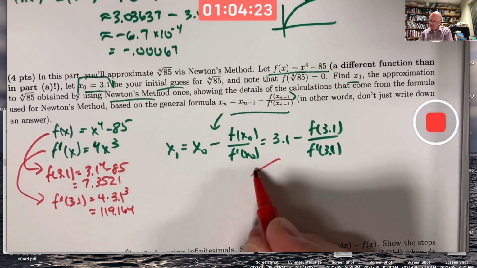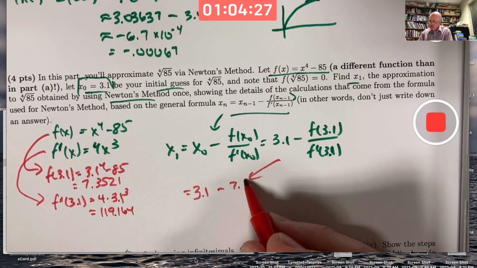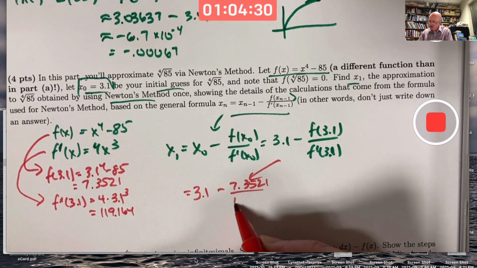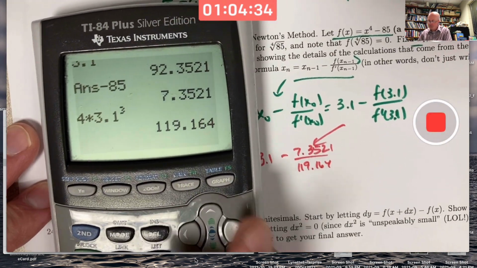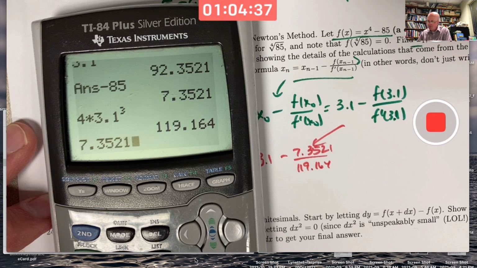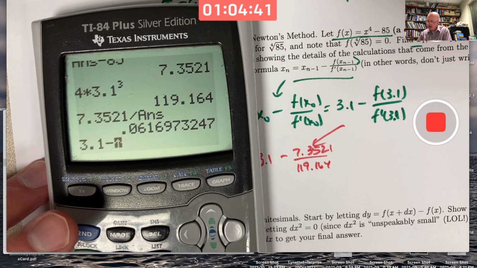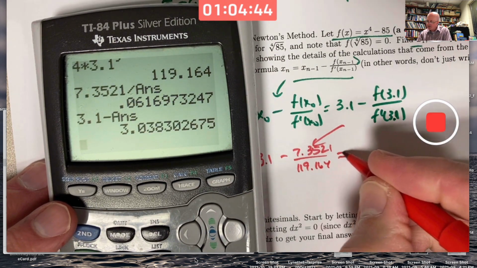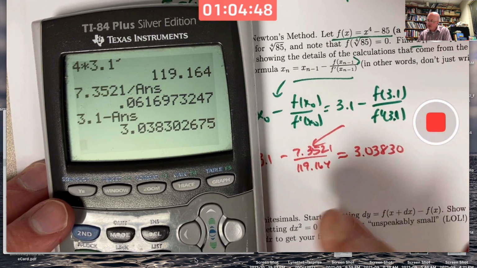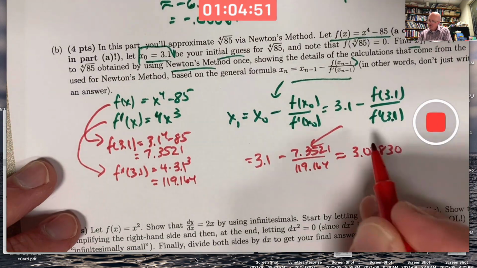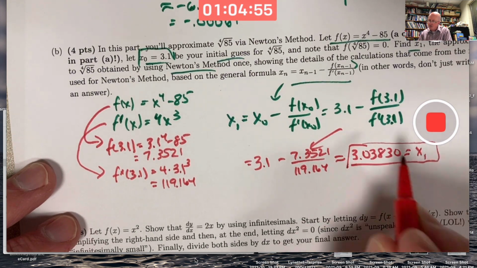So what I get here is 3.1 minus 7.3521 over 119.164. So that is going to give me about 3.0380 for the value of x1 as your next approximation to the root.